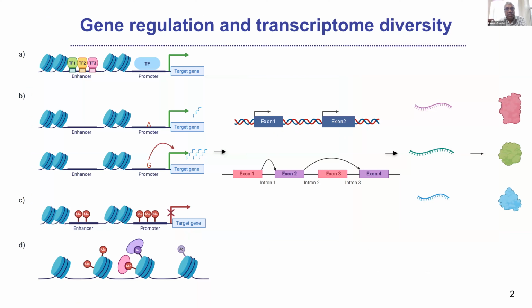So what do we mean by gene regulation? Gene regulation is very context dependent. In this cartoon, for example, in A, there is a promoter with the green arrow, and there are several transcription factors located in the promoter region where the transcription factor proteins bind in a context dependent manner and drive the expression of the nearby gene.